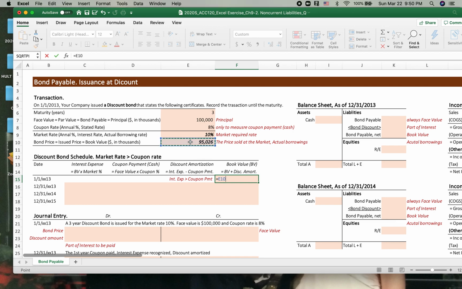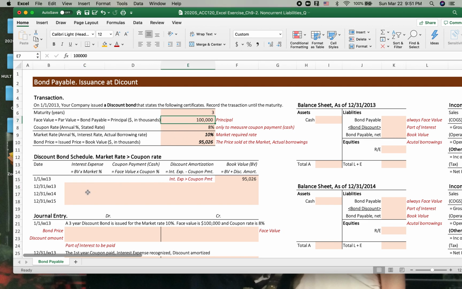So $95,000 is the book value when they issued this bond on January 1st. And then on December 31st, 1 year later, the company borrowed not $100,000, but $95,000. That is the actual borrowing, the actual bond price when they issued.